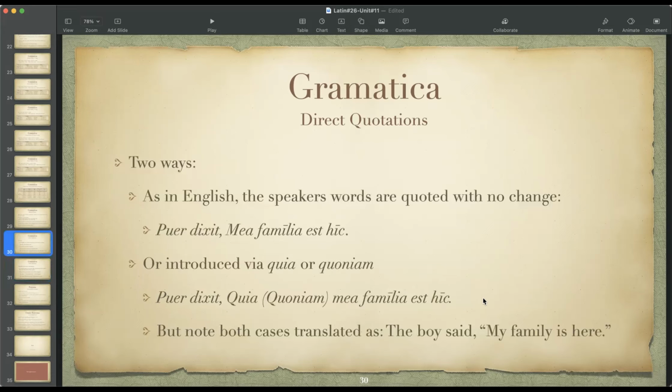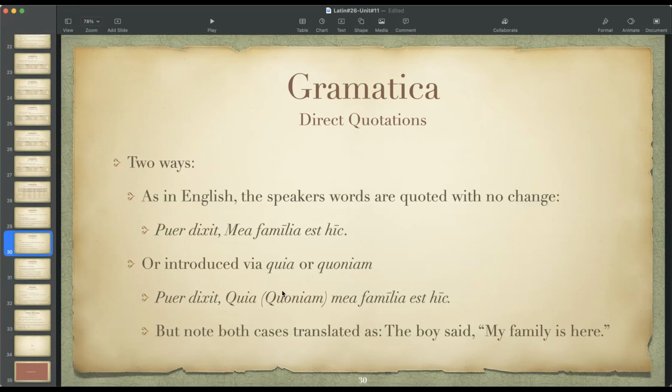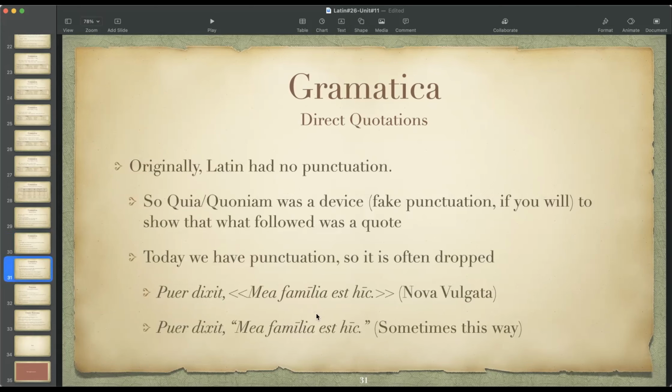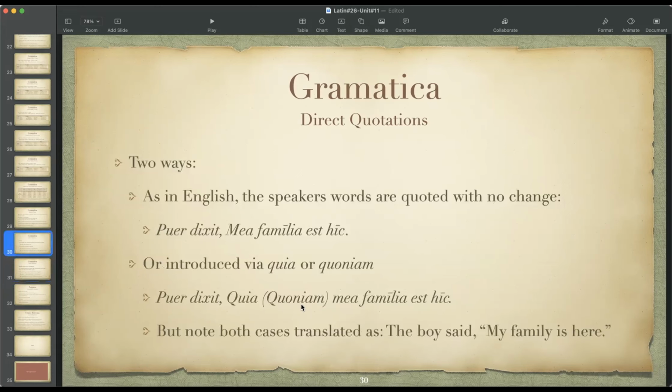Now, some of the very old Vulgates before printing would do this to set off the quote, just to make sure that people reading it understood, hey, it's there. I have not seen that in any modern texts at all. And to be honest with you, even in most medieval texts, that's the way it appeared.